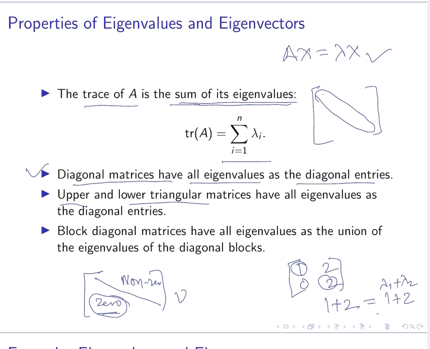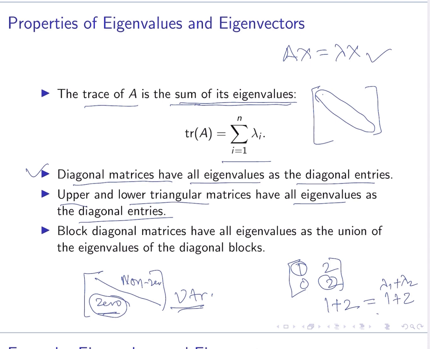This is upper triangular. And similarly, lower triangular means below the diagonal, all entries are there, and above the diagonal, entries are zero. So upper triangular and lower triangular matrices have all eigenvalues as the diagonal entries, similar to the diagonal matrix.